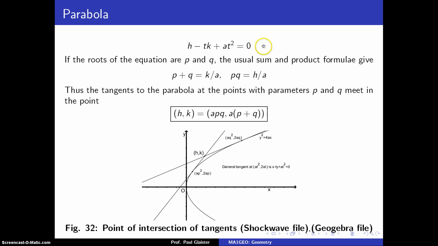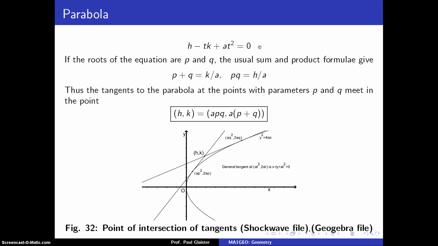So taking this expression as a quadratic and interpreting it in that way, let's suppose that the two tangents that pass through (h, k) are tangents at 2 points with parameters p and q. They represent the roots of this quadratic.